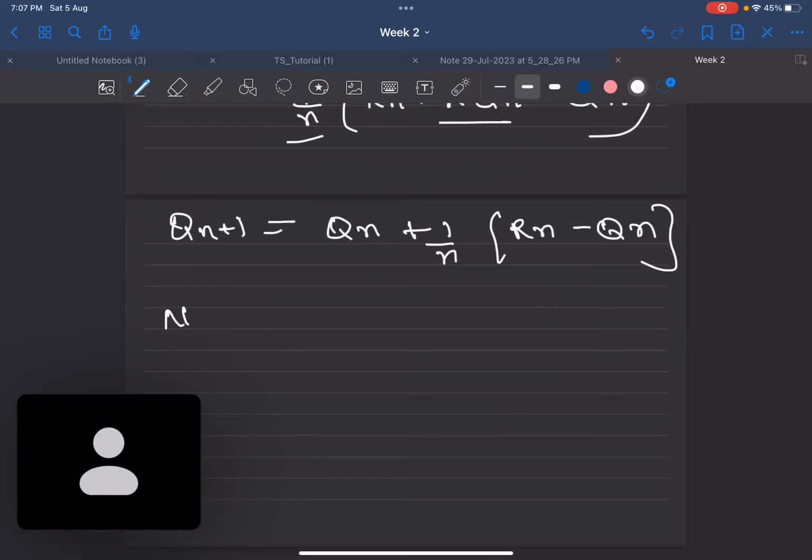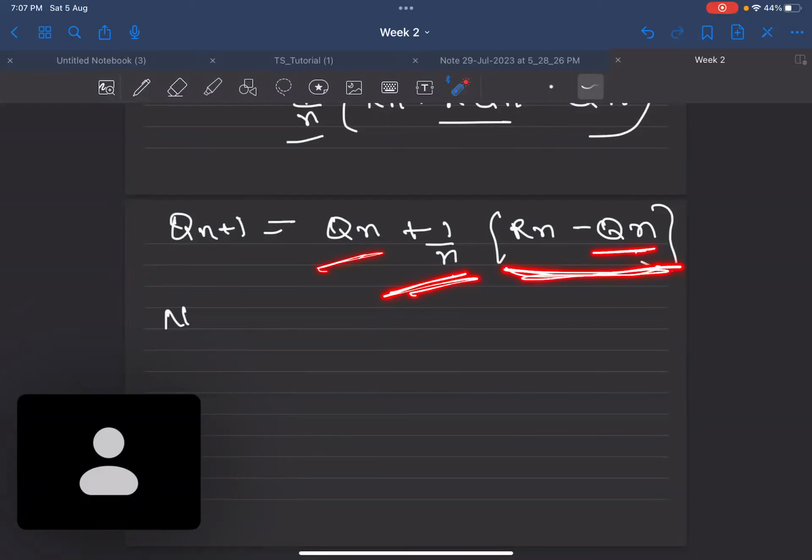Ma'am, Rn is the current reward, right? Rn is the reward at time n. Wait a second. I think there is something wrong here. Basically, Rn should be the target here. This is basically the old estimate plus the step size, and this is the error of the estimate.